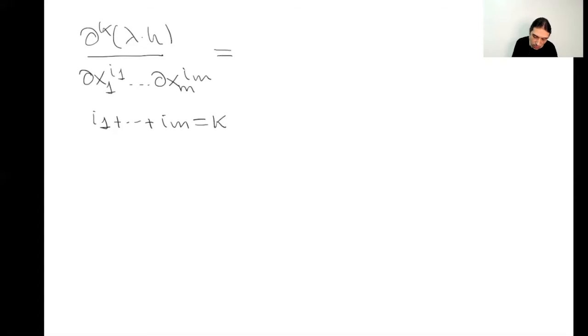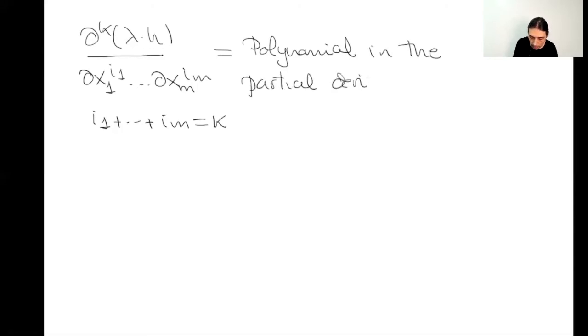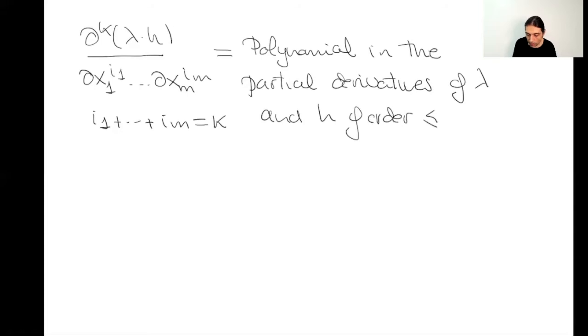And this is going to be a polynomial in the partial derivatives of lambda and h of order less or equal than k. Okay, that's what we are going to have.